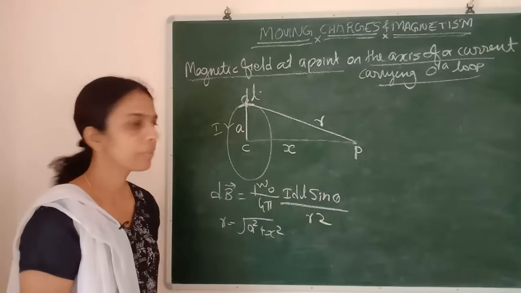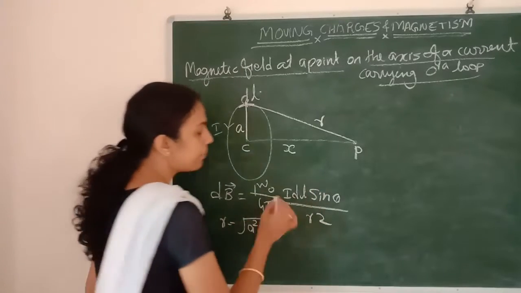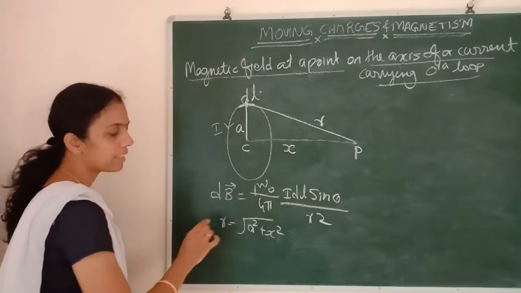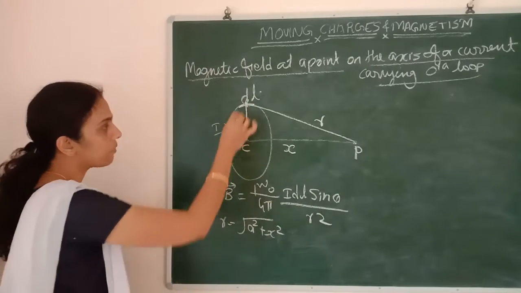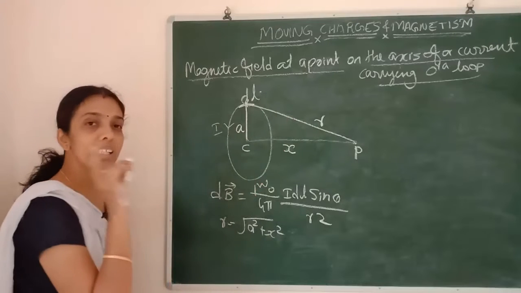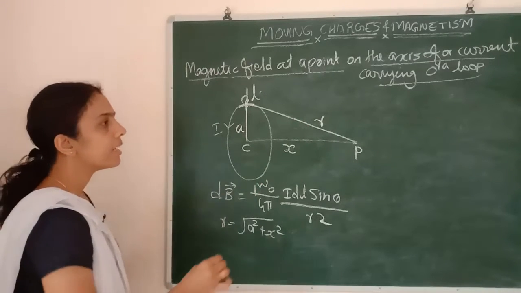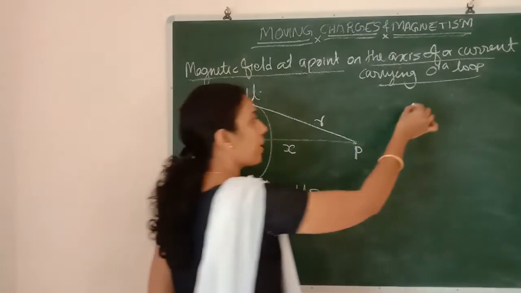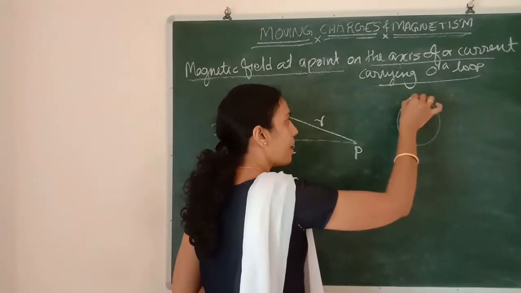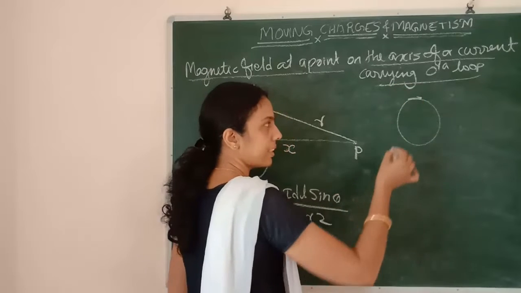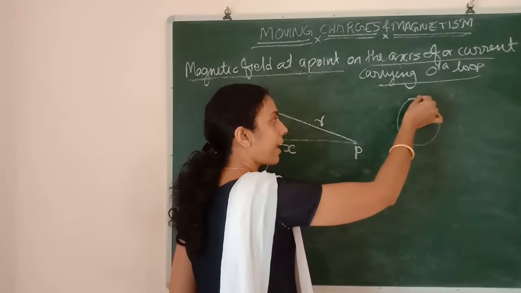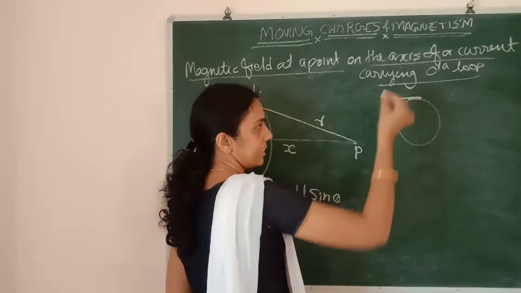This is the formula. Now, how can we find out the magnetic field at this point because of dl? What is the value of theta? In the case of a circular loop, I am considering a current element like this, and what will be the direction of dl? Along the tangent.